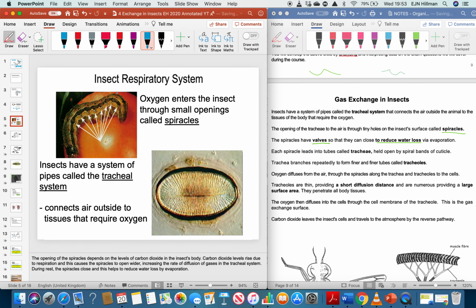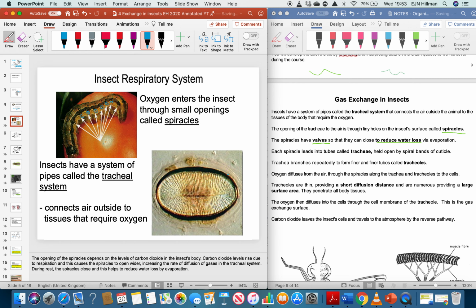So this is a look at what is on the surface of an insect. It's a caterpillar. We can see on that caterpillar that there are these holes on the surface, and those holes under a microscope look like this, and this is a spiracle.